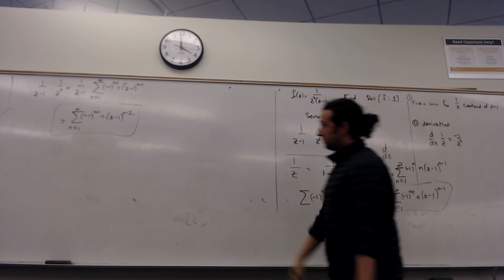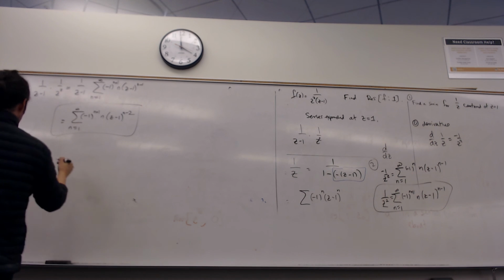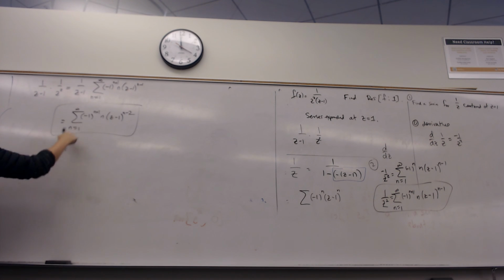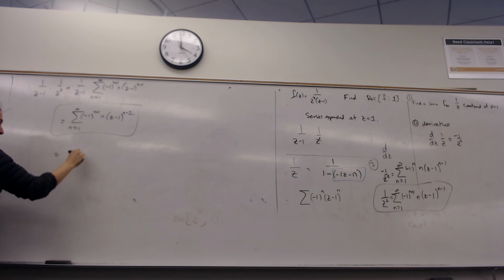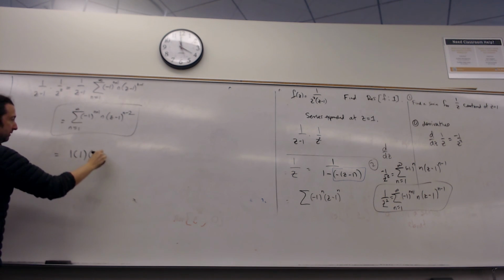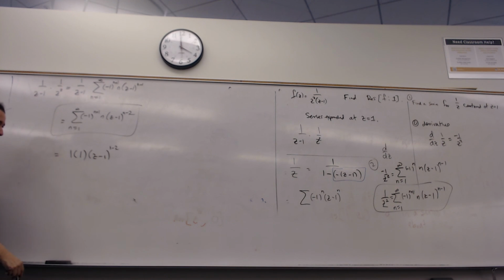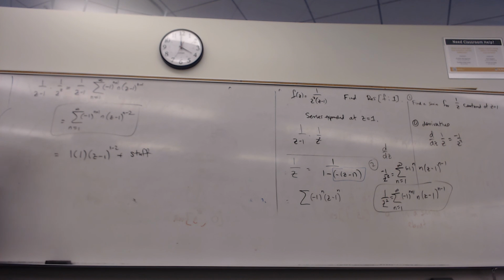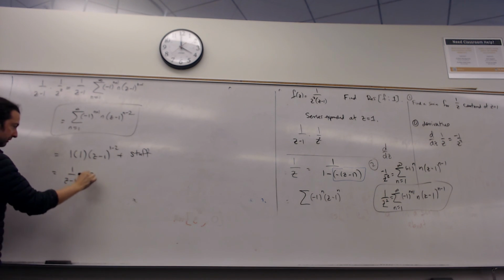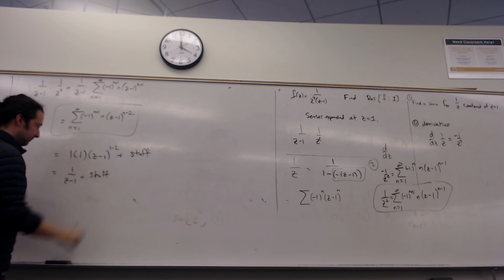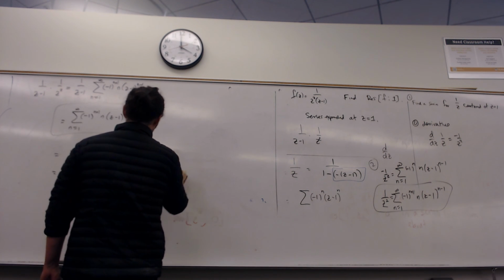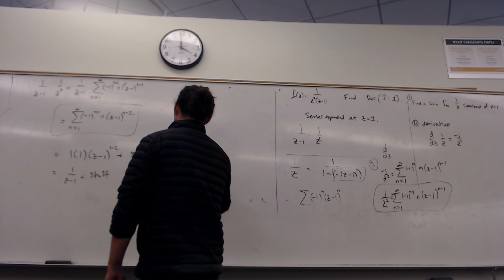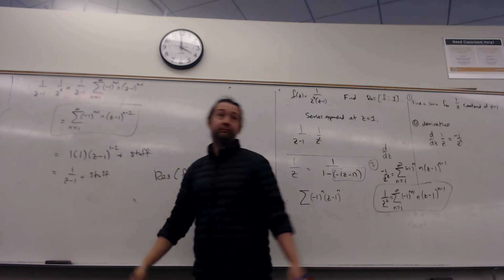So what is the first term of this series the way I've written it? n equals 1, it's 1 times 1 times (z minus 1)^(1 minus 2) plus some stuff. So it's 1 over z minus 1 plus stuff. So the residue of f at 1 is 1.